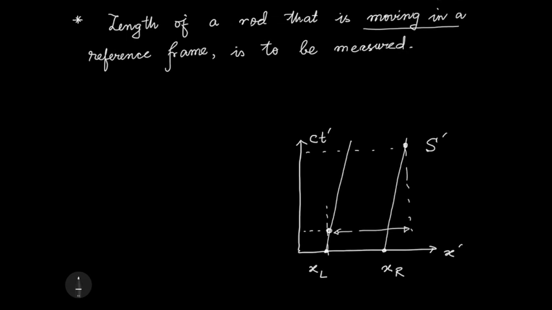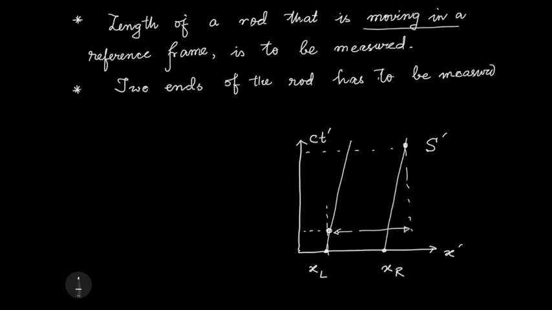Two ends of the rod have to be measured at the same time. Otherwise, if you measure the right end much later, you can end up finding a rod which is very large. So two ends of the rod have to be measured at the same time. This is the most important point.